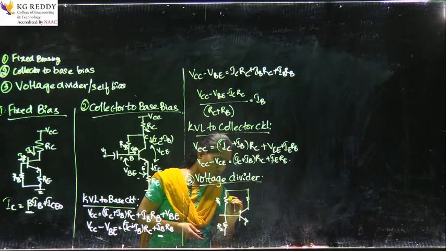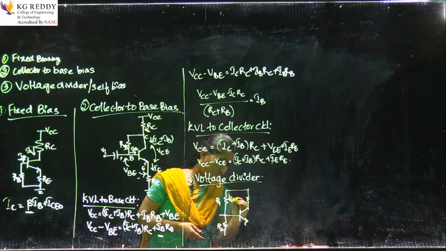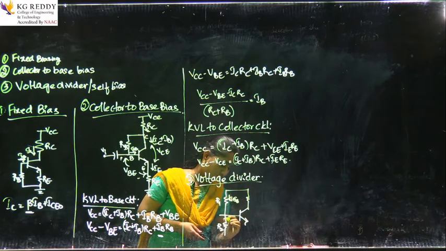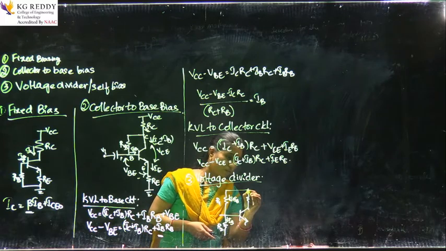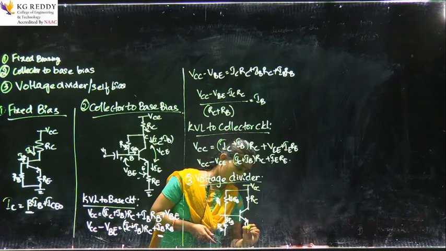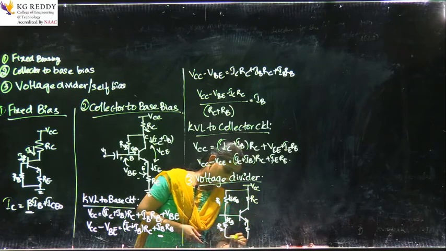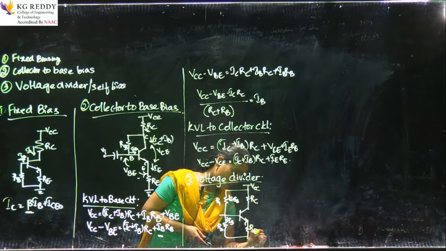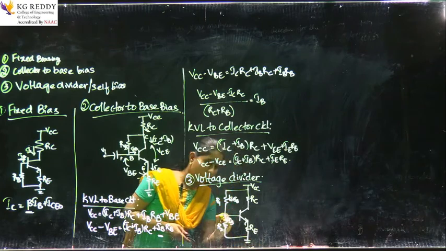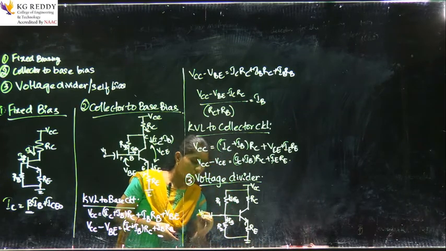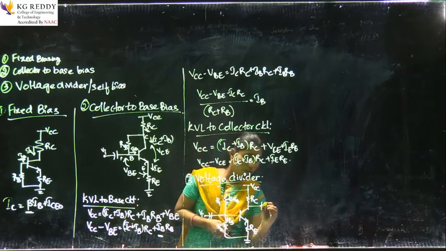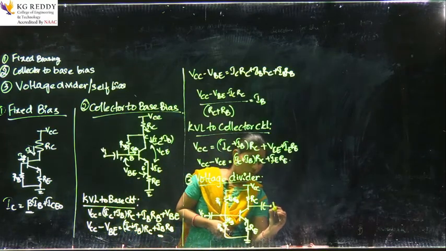I plus IB, the IB current, and here VCC, and one load resistor RC, one emitter resistor RE. This would be grounded, and the input voltage, and here one coupling capacitor will take the output.